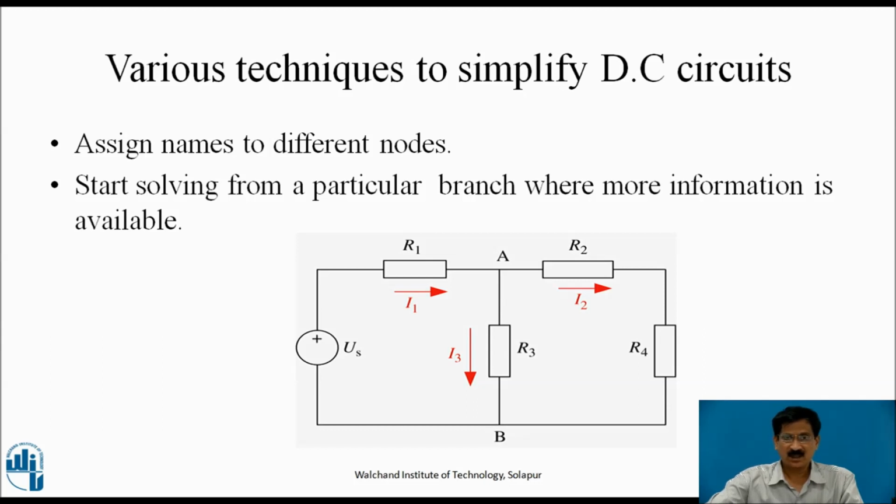Here, it will be R1 plus R3 parallel R2 plus R4. So if we find out the equivalent resistance, then only we can find out the total current I1. After finding I1, we can find out I2 and I3 from the current division rule.